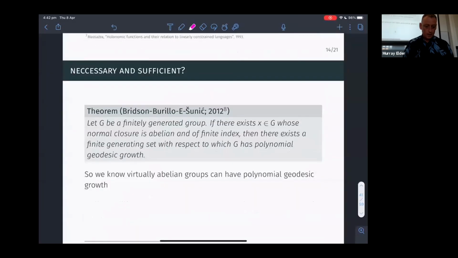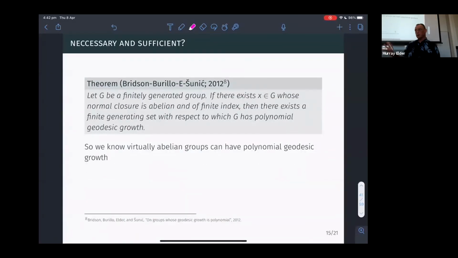So here's another result. It's not as cool. It's from 2012, so it's before Alex had figured everything out with virtually abelian groups. This is what we think was going on. If you want to get polynomial geodesic growth, it's not an if and only if statement, so it's pretty weak.